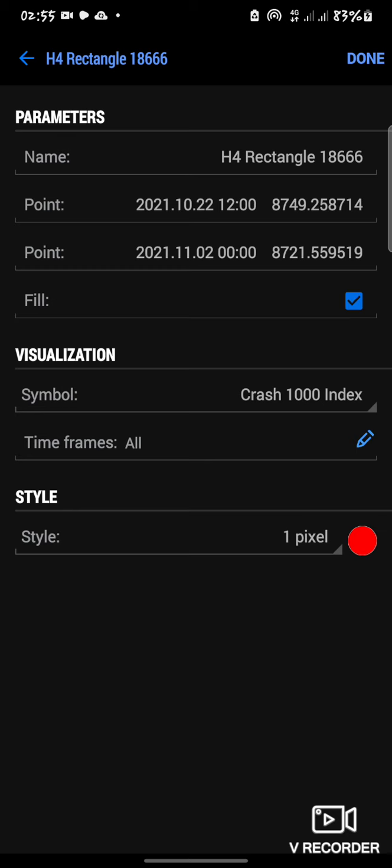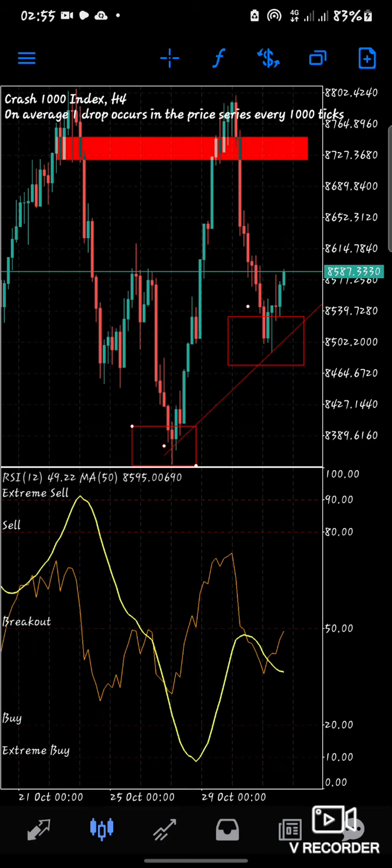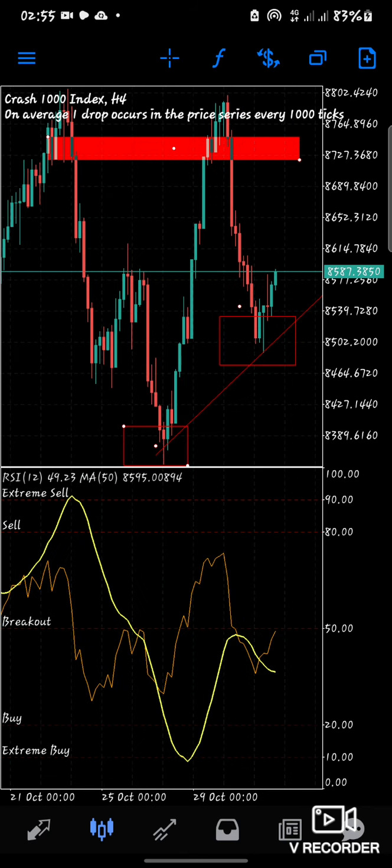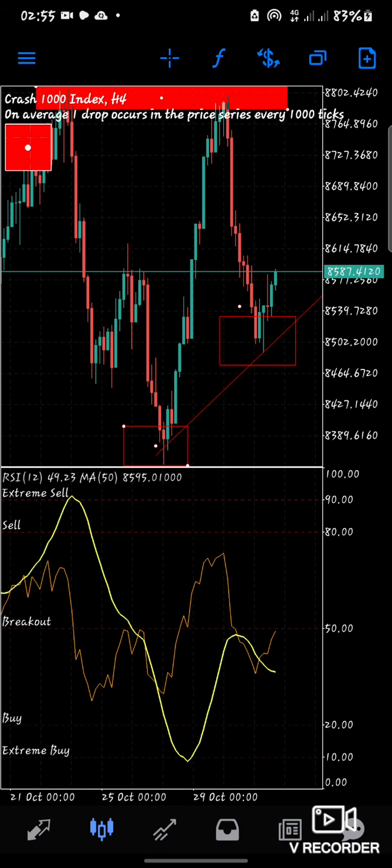Sorry, for it to fill the rectangle, which we're going to mark as a zone for resistance. Okay, so that is it. So you now click on it and we move this to this point.